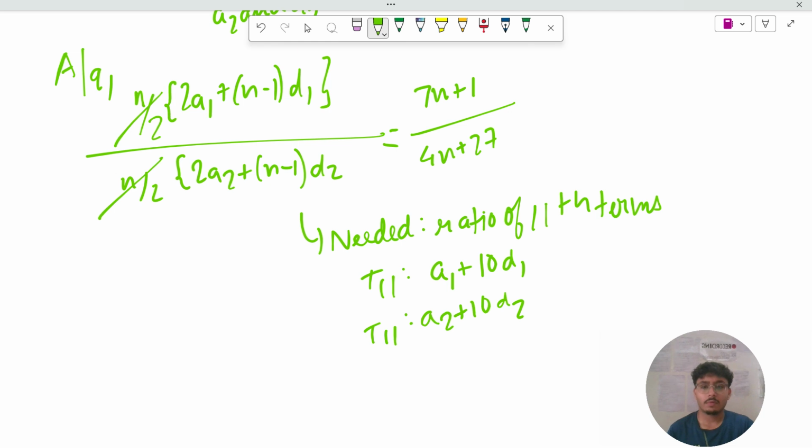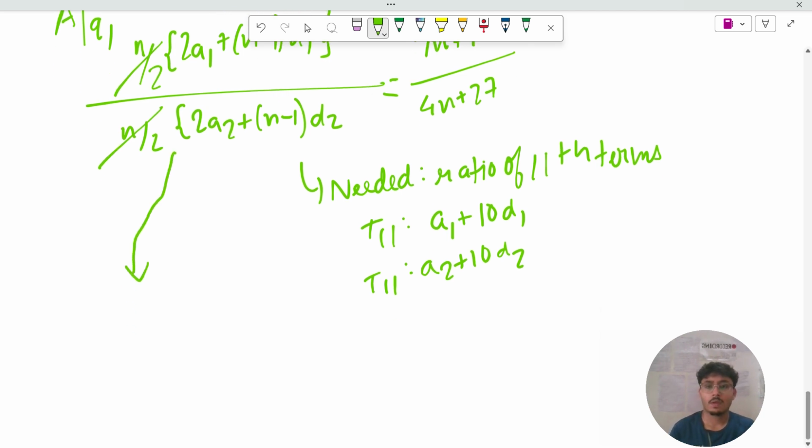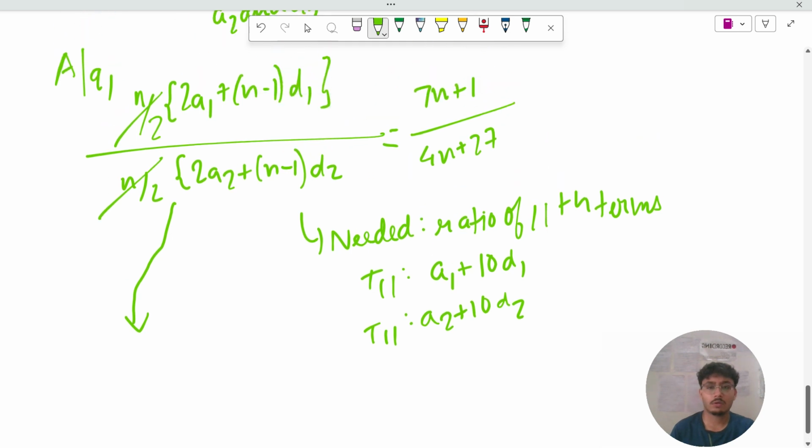So in my LHS, what do I need here? I need this to be 10, and I also need the 2 to be cancelled out so that I can directly get my value.